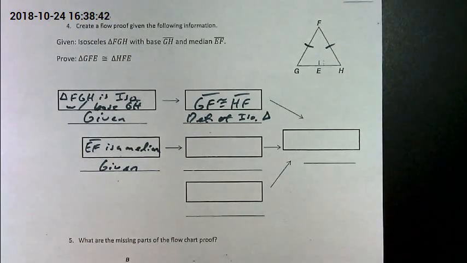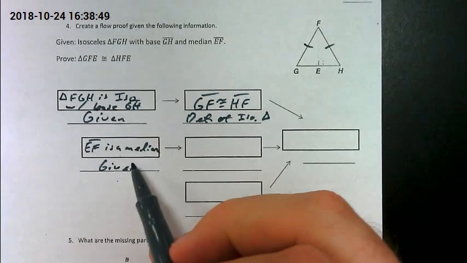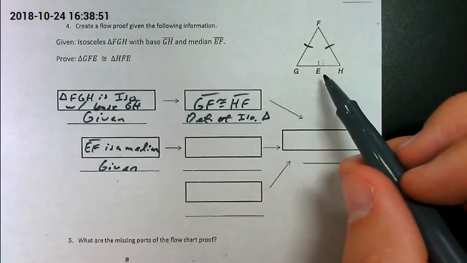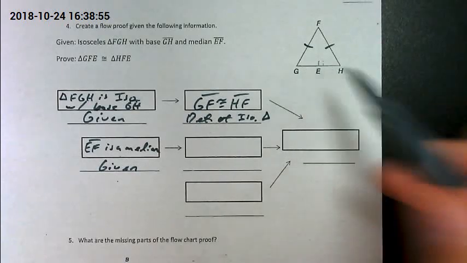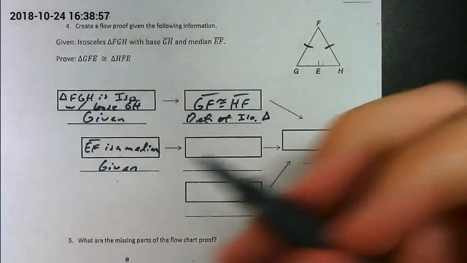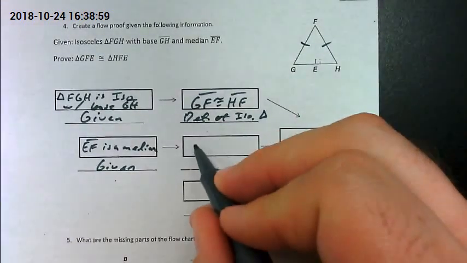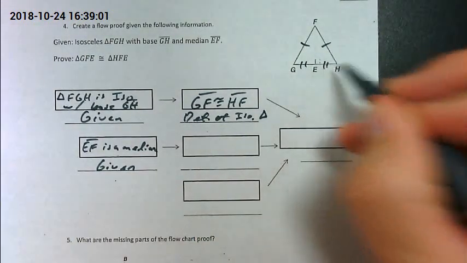But I'll tell you right now, a median is a segment that connects a vertex to the opposite midpoint. So all this is telling us is where the midpoint is. So since this is a midpoint, we know these two are congruent based on our definition of a median. So GE and HE.